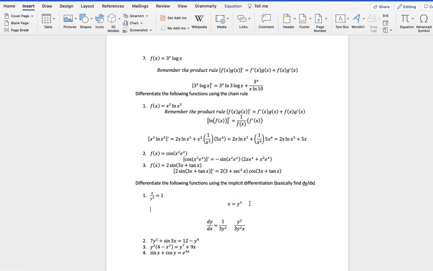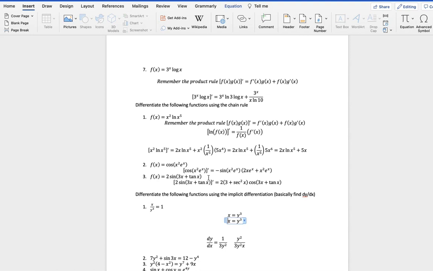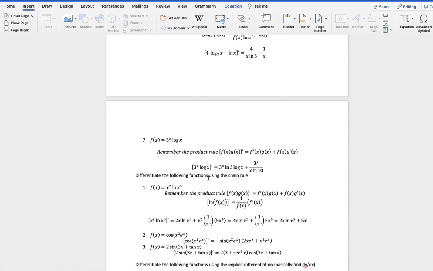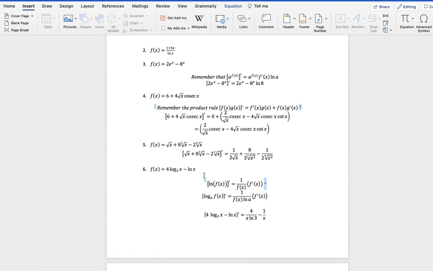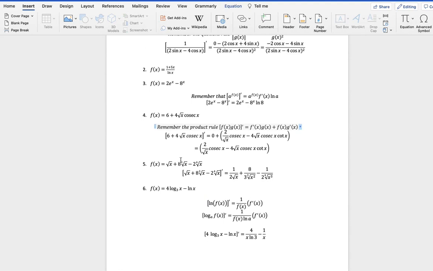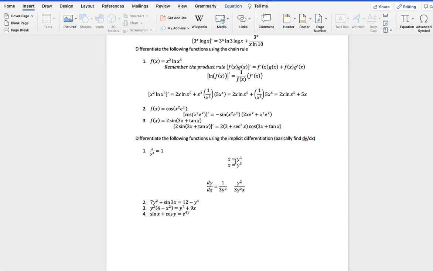So what you do is you take the cubic roots on all sides, and you have now y is equal to the cubic root of x.